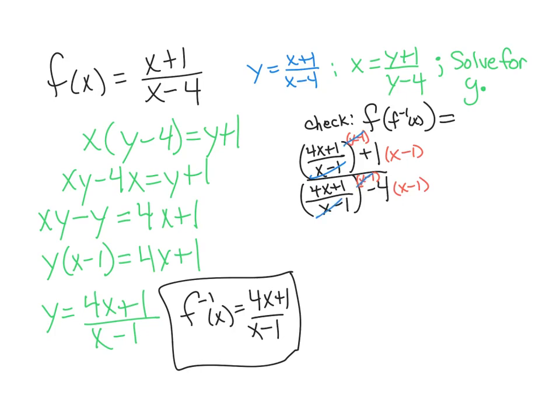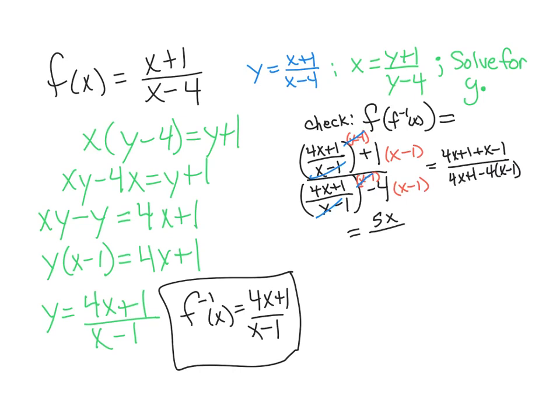What's left? The top plus 1 times the bottom over the top minus 4 times the bottom. I'm going to combine like terms on the top. 4x plus x is 5x, plus 1 minus 1 goes away.